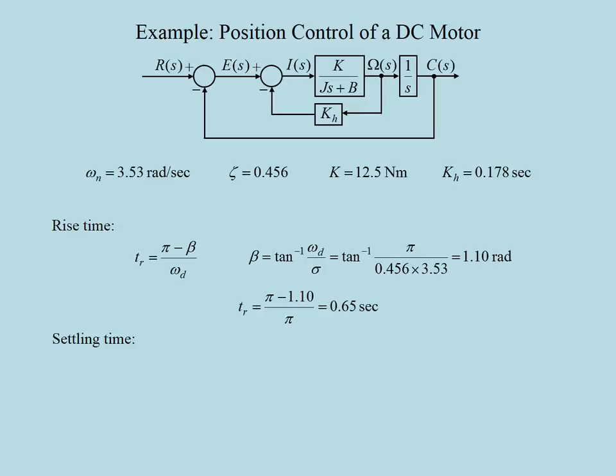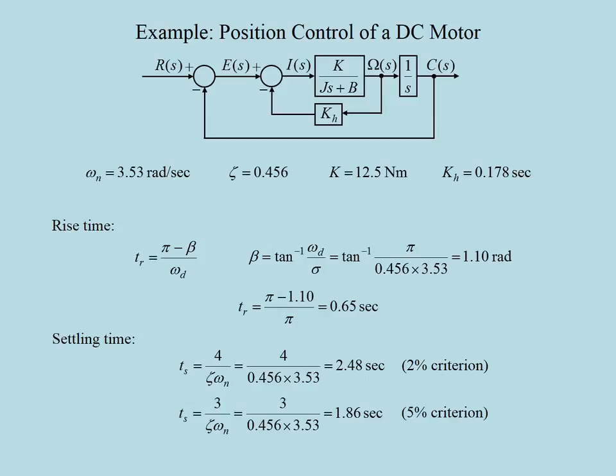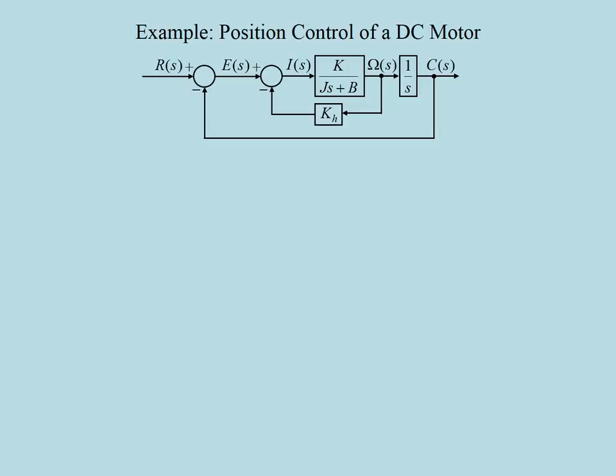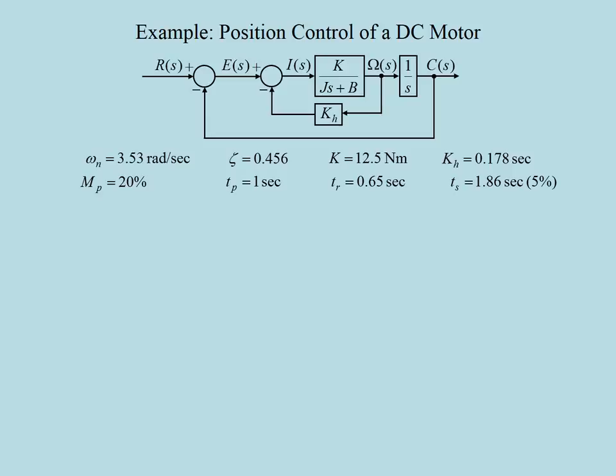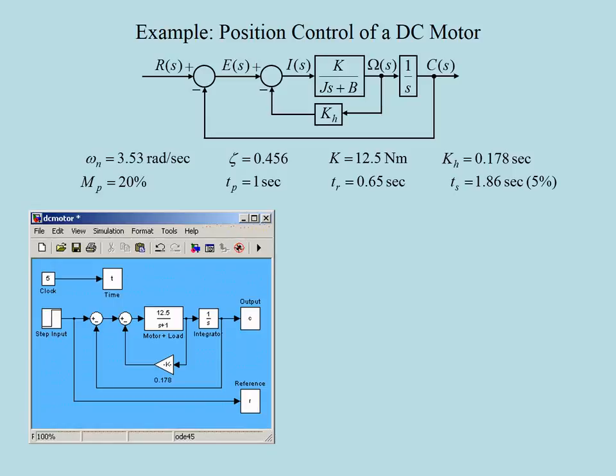To find the settling time, we can use the formula 4 divided by zeta omega n for the 2% criterion, which yields 2.48 seconds. Similarly, the 5% criterion settling time is 1.86 seconds. You can use all these values in a MATLAB Simulink model to simulate this control system.